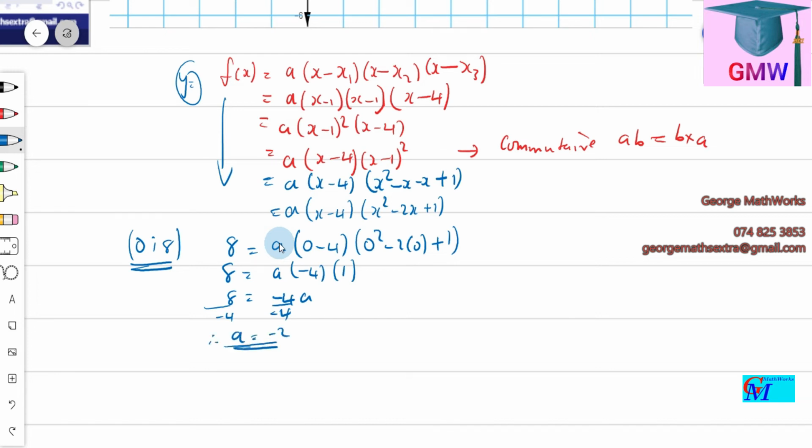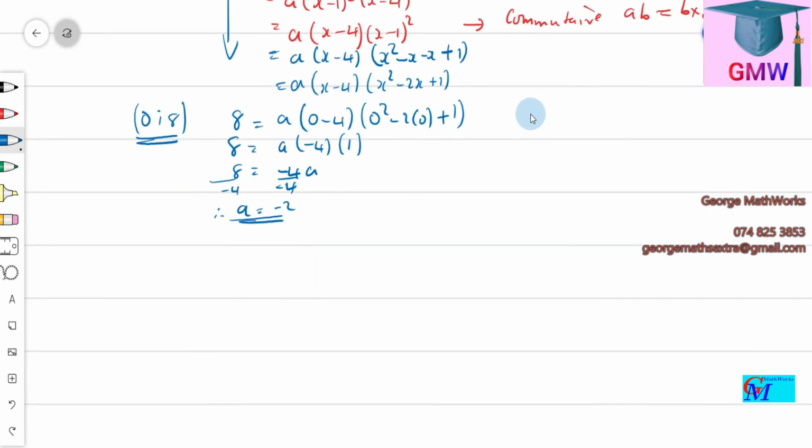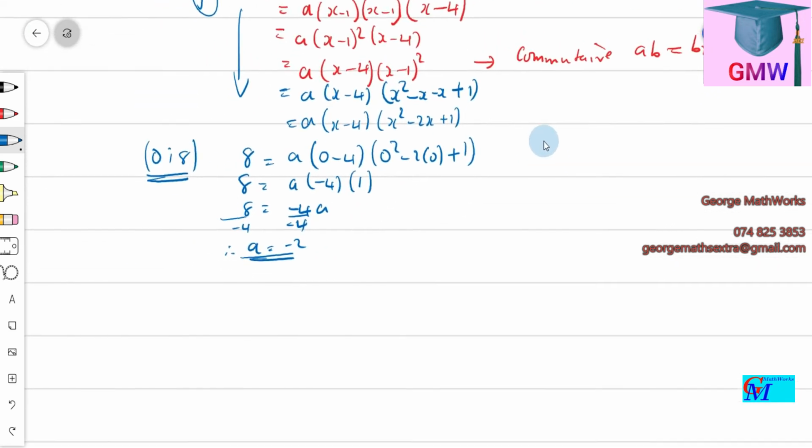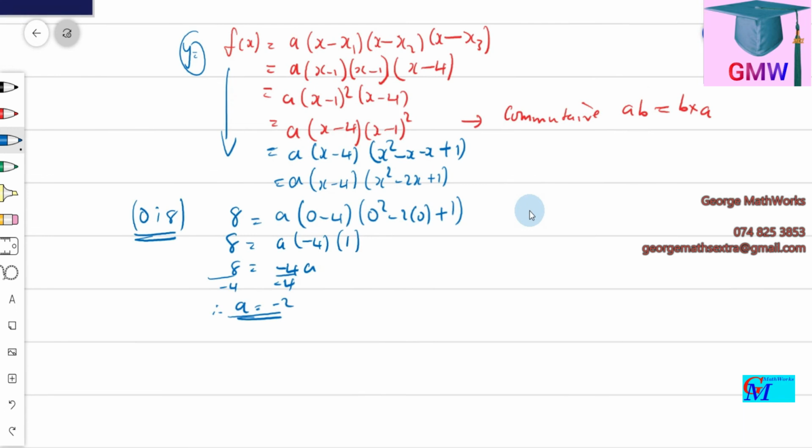Now, continuing now with what we are given, we still want to show. So it means therefore, that f of x we want to find is equals to, wherever there is a, it's minus 2. I'm now substituting here so that I continue with my expansion. It's minus 2, open bracket.